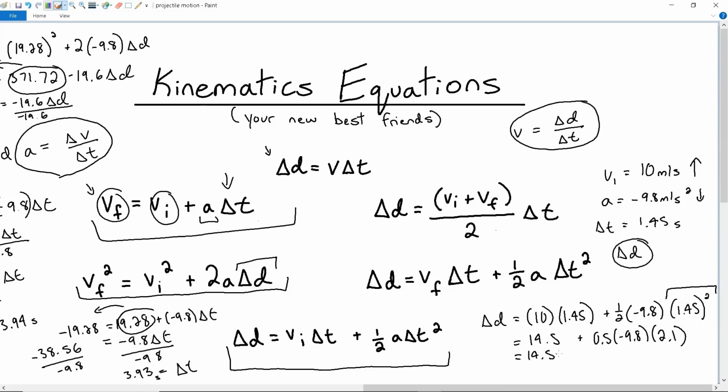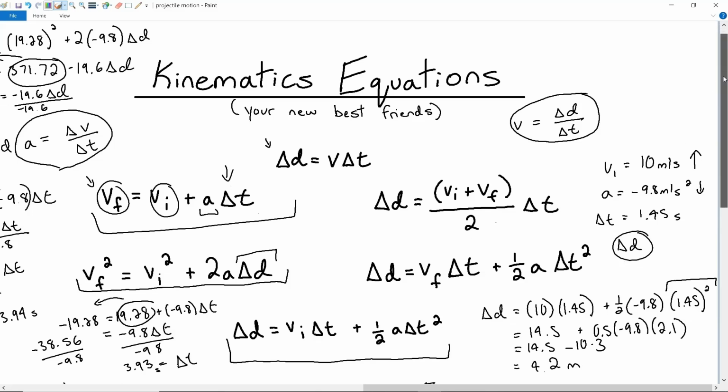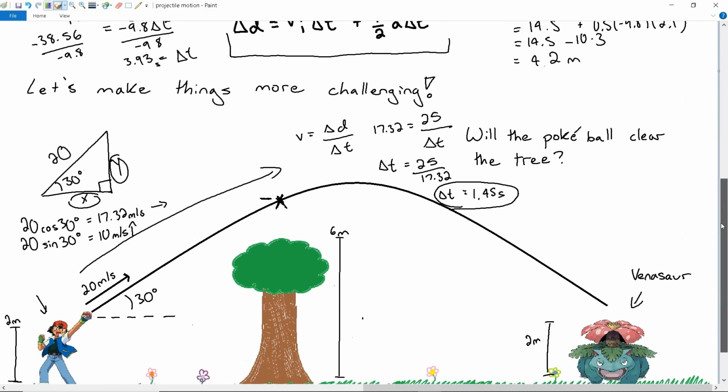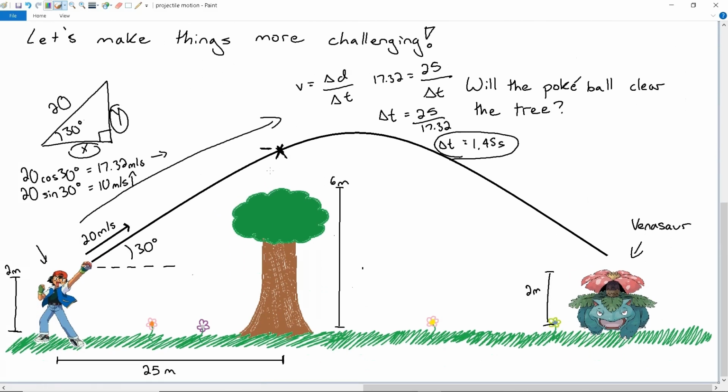And just continuing to multiply things together here, we can see that we have a displacement of about 4.2 meters. So if I scroll back down here, I could put 4.2 meters as my value for the vertical displacement that's occurred 25 meters away from Ash, which is exactly where the tree is located.